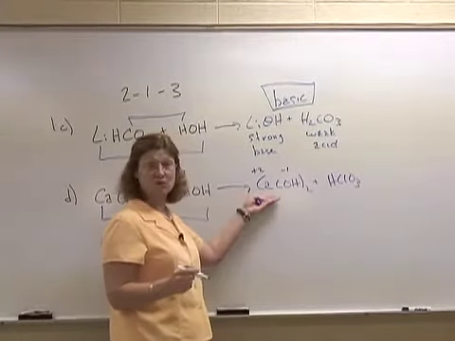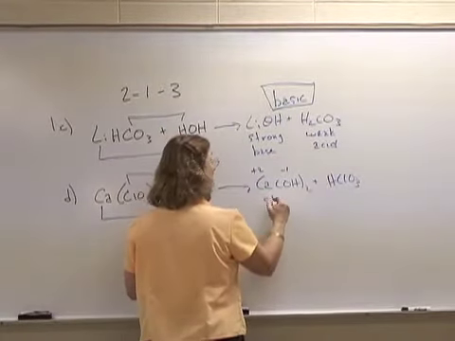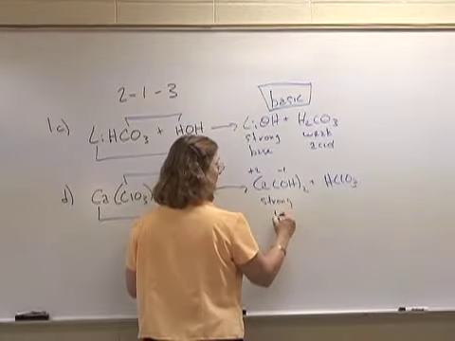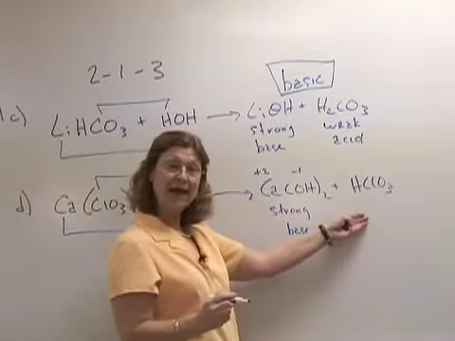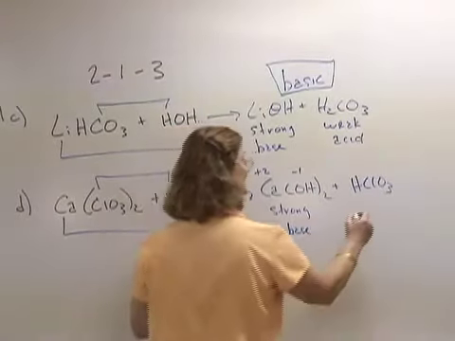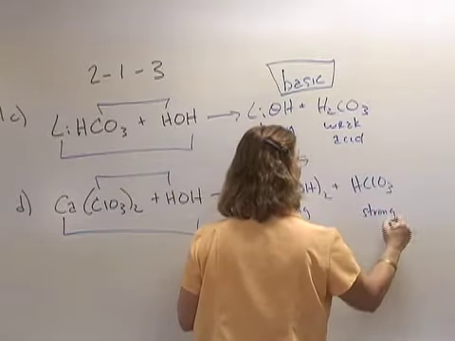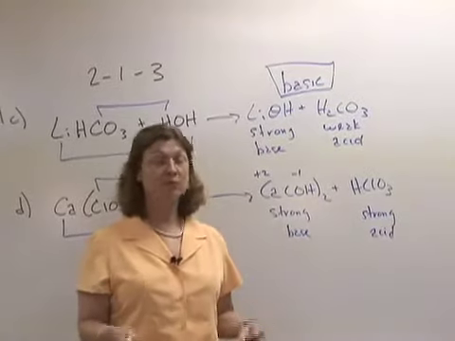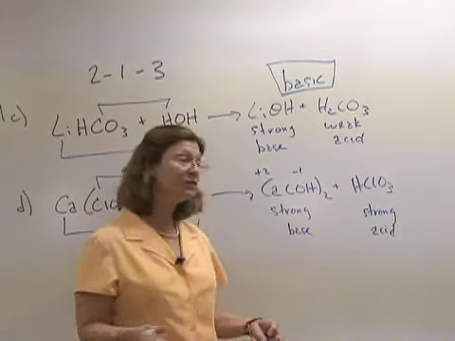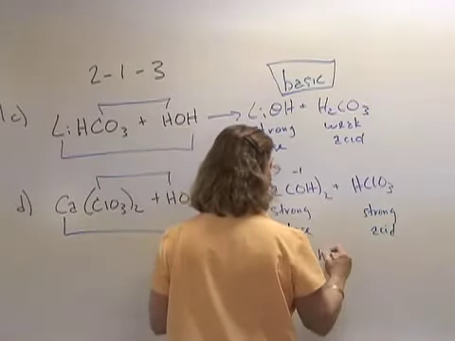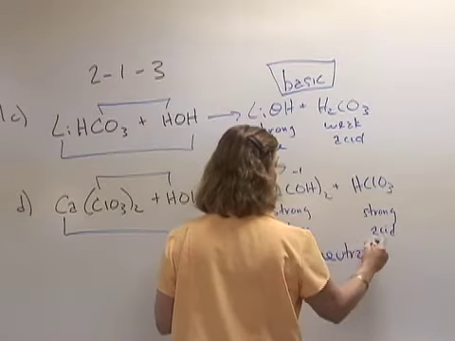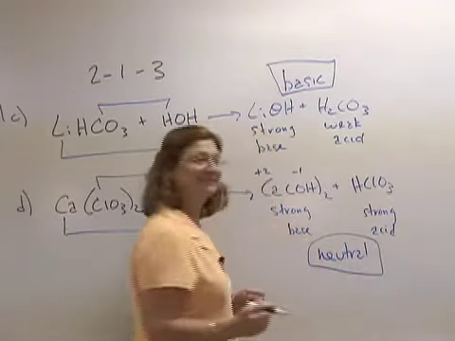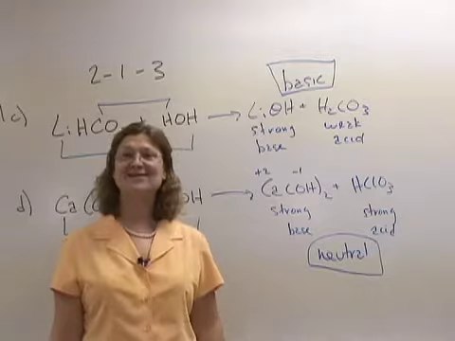Now, calcium hydroxide is a strong base, and chloric acid is a strong acid. When both are strong or both are weak, my resulting solution will be neutral. And that's the answer to number 1.